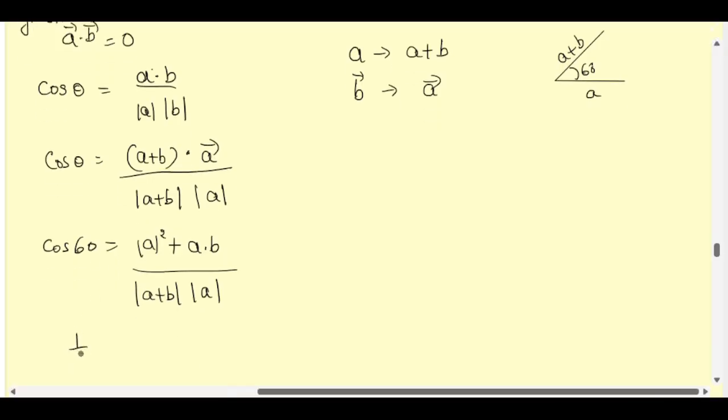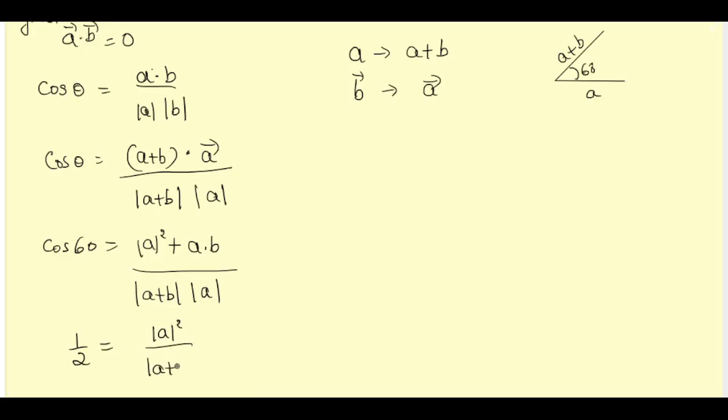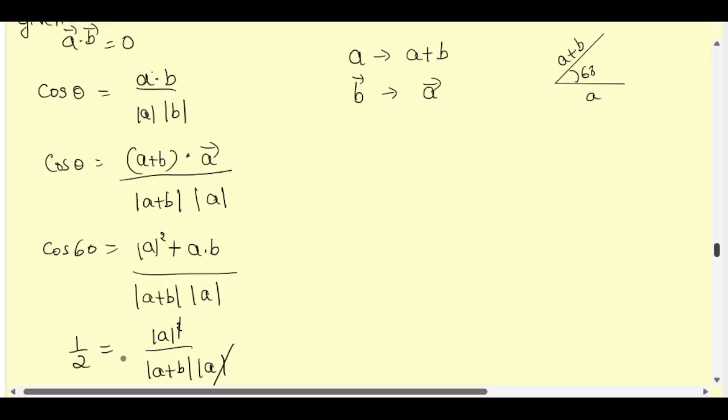So half equal to magnitude of A square, A dot B is 0, divided by A plus B into A vector. So we can cancel this and this. So what remains is, we can write 2 into A equal to A plus B.